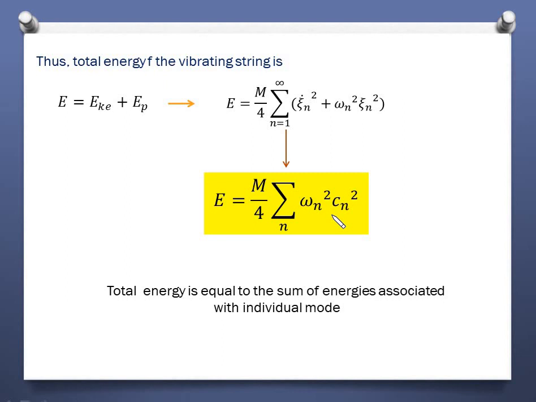So when you have only one mode in your vibrating string, then energy will correspond to just the energy related to the first mode. Suppose you have the first two modes, then total energy will be the energy of the first mode plus the energy of the second mode. If you have 10 modes, then if you sum up the energy of each mode, you will get the total energy. So the total energy is equal to the sum of the energy associated with the individual modes.